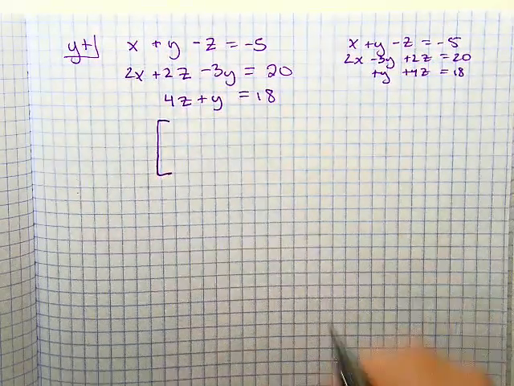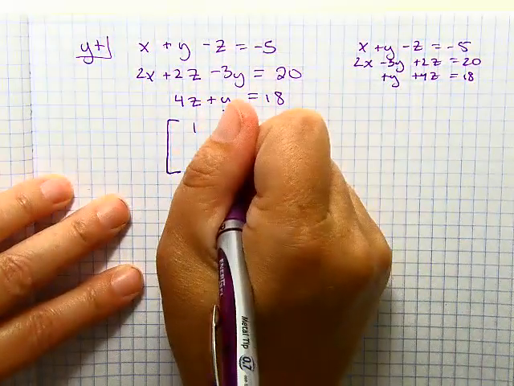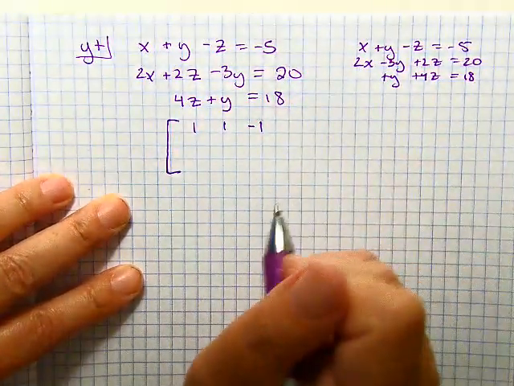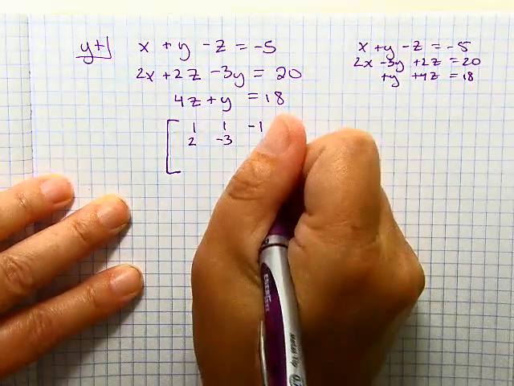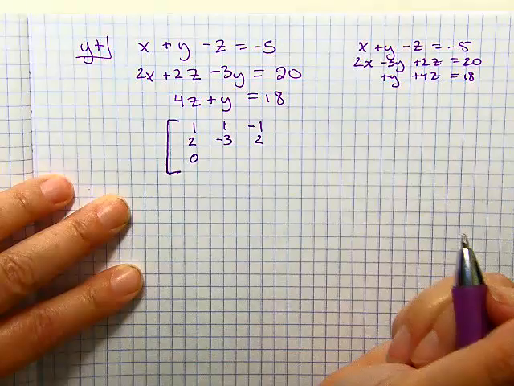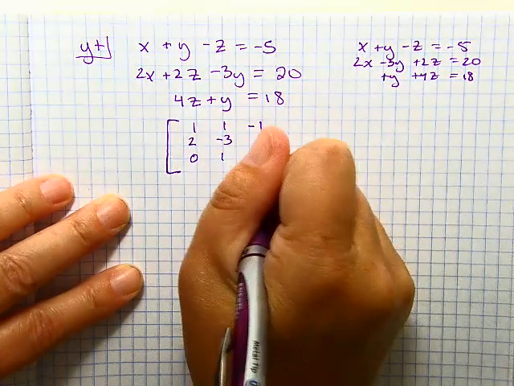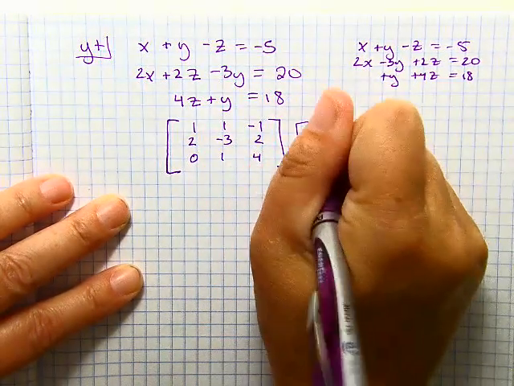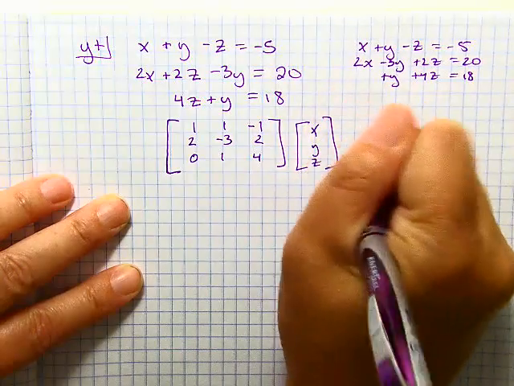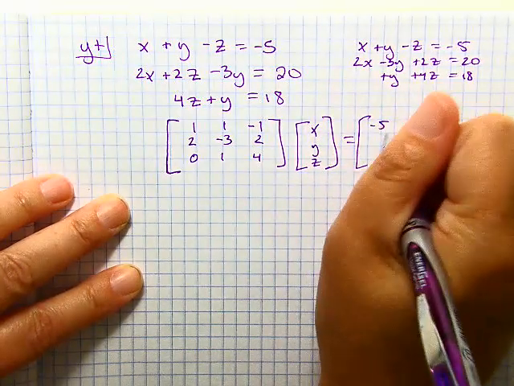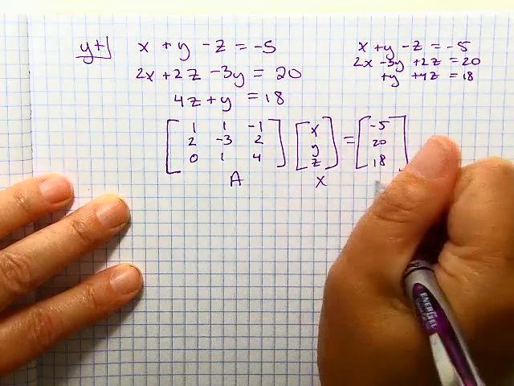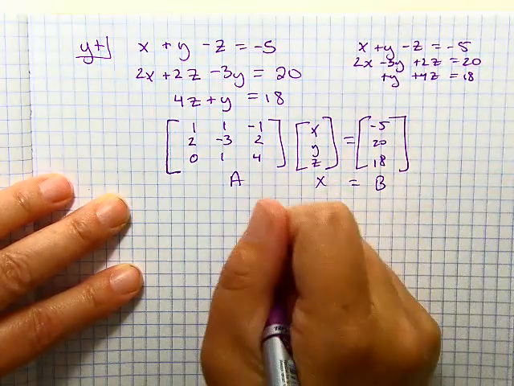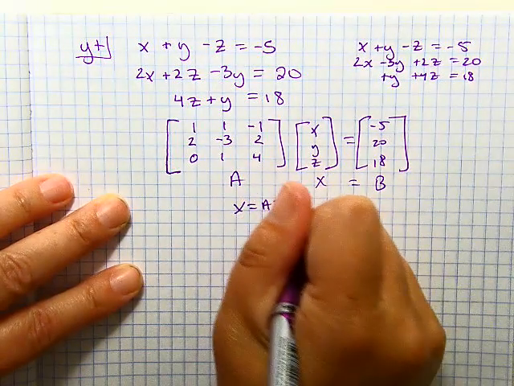And then 1, 1, -1, 2, -3, 2, 0, 1, 4, times x, y, z, equals -5, 20, 18. So AX equals B, X equals A inverse B.